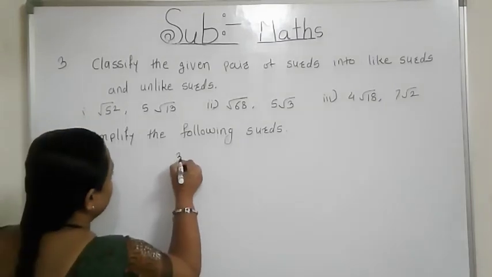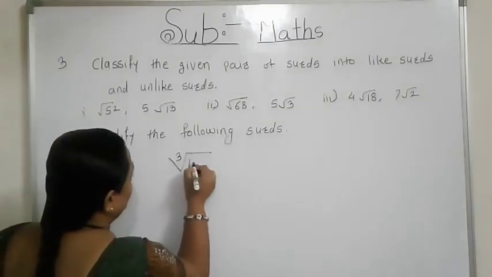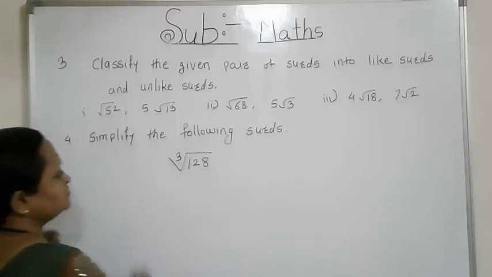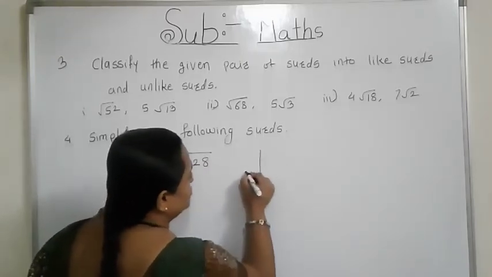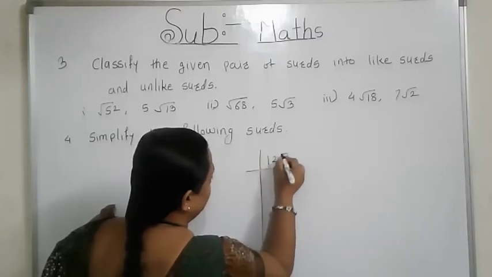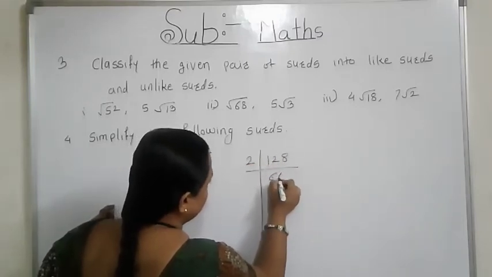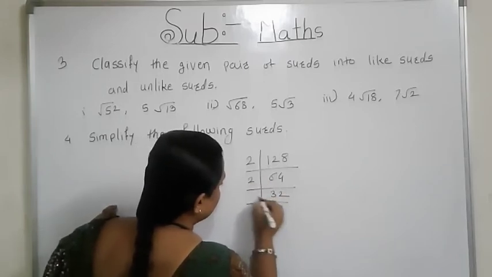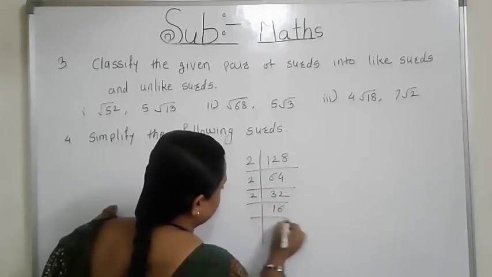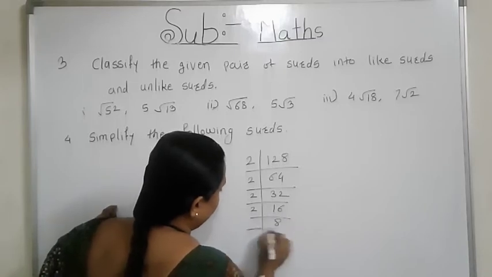Now see, cube root of 128. Cube root of 128. Now first we have to find the factors of 128. Divisible by 2, 64. Again divisible by 2, 32. Divisible by 2, 16. Divisible by 2, 8.